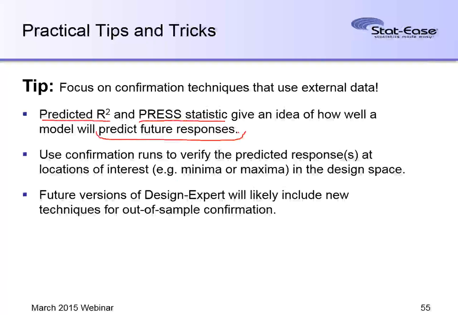It's just an additional tool you can use. Again, you should use confirmation runs to verify the predicted responses at locations of interest in the design space, for example, at points that minimize or maximize the response. And future versions of the Design Expert software will likely include new techniques for doing out-of-sample confirmation.